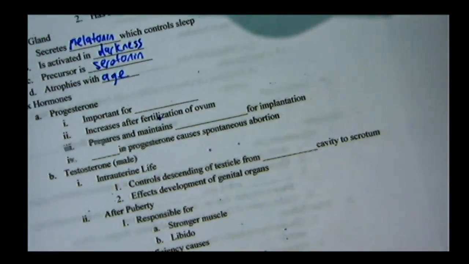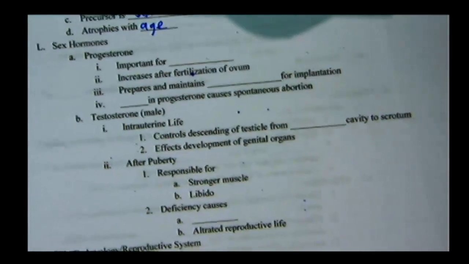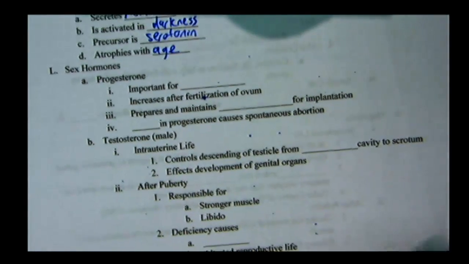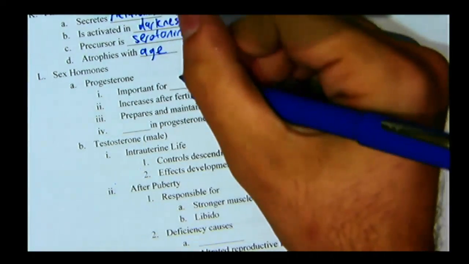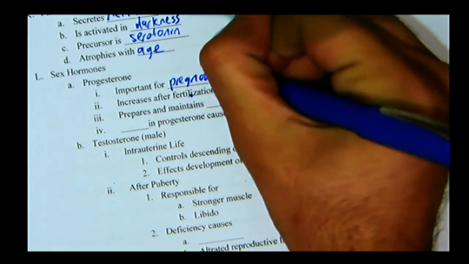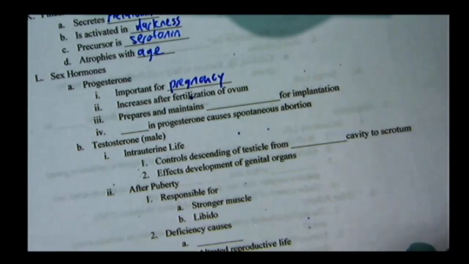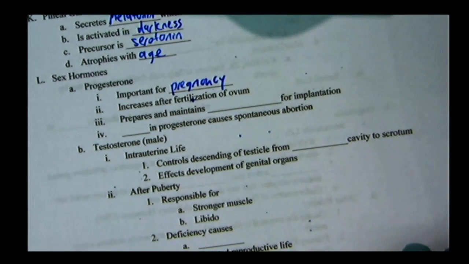So now we're at progesterone for sex hormones. It's important for what? Pregnancy. What did she say birth control? Like, what are those hormones? Estrogen and progesterone, right? So I'm just going to put birth control.